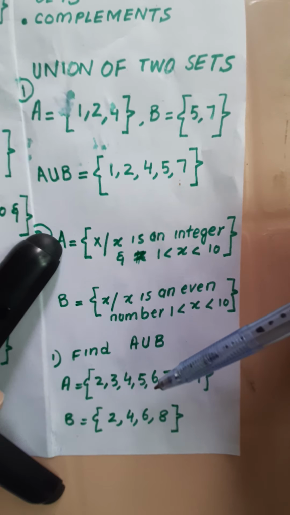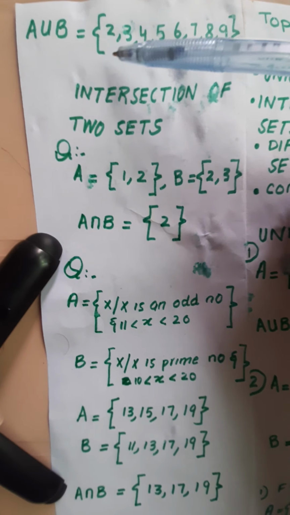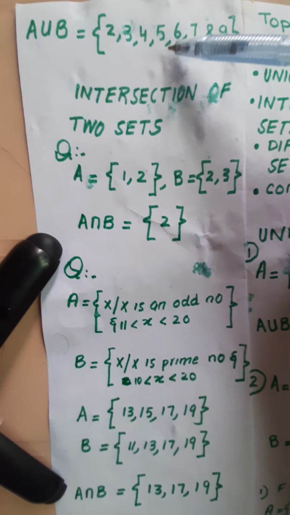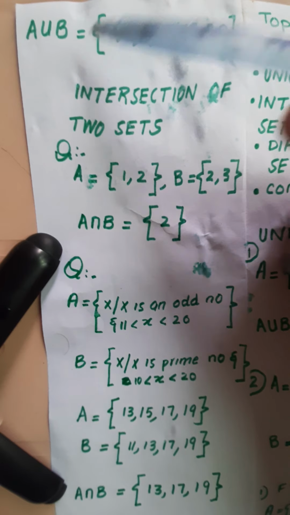We are going to write each element only once. So the result of the union of A and B will be 2, 3, 4, 5, 6, 7, 8, 9. That is A union B.